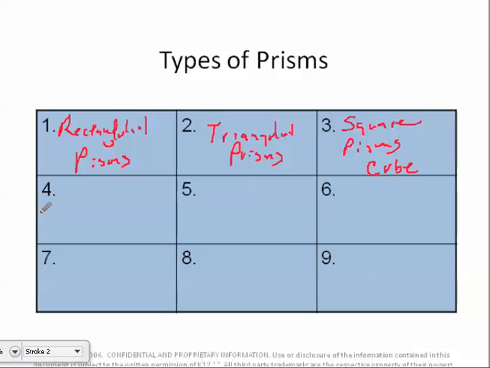It works with, let's see here, pentagonal prisms. It works with hexagonal prisms. You get the idea? All sorts of different types of prisms. All of these: a rectangular prism, a triangular prism, a square prism, a pentagonal prism, a hexagonal prism, a trapezoidal prism.